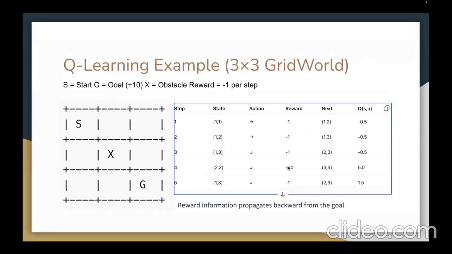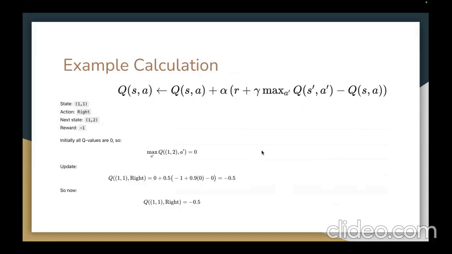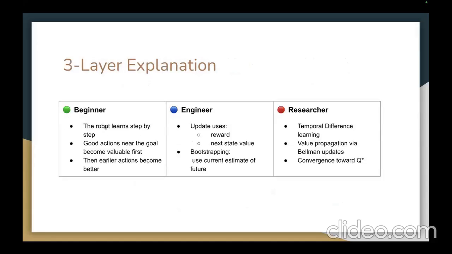As we go along this trajectory, we will update different state-action pairs. The goal is we let the robot explore as much as possible, and then hopefully the Q table will converge at the end. So for beginners, the robot tries to learn step by step, and good actions near the goal will become valuable. Those Q values will become higher first, and early actions will also update as we go.